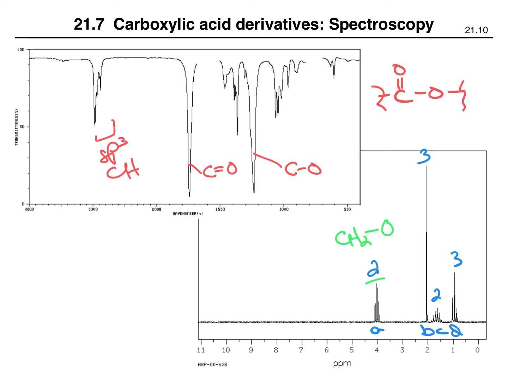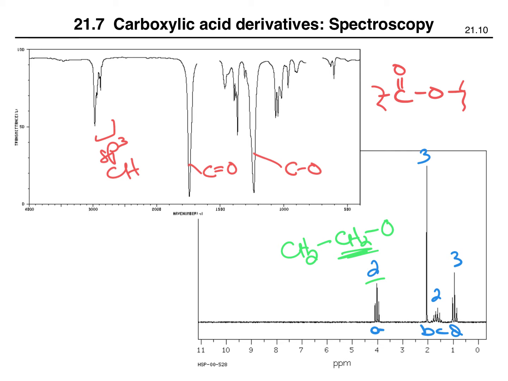It could be next to a halogen, but we know from IR that we have an oxygen, so let's go with this guess. And it is a triplet, so that means it must have 2 neighbors. So this is a signal that corresponds to A.